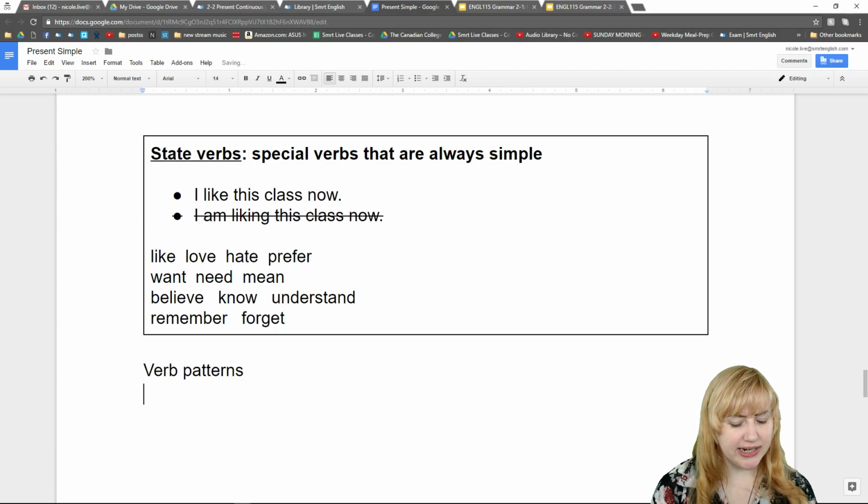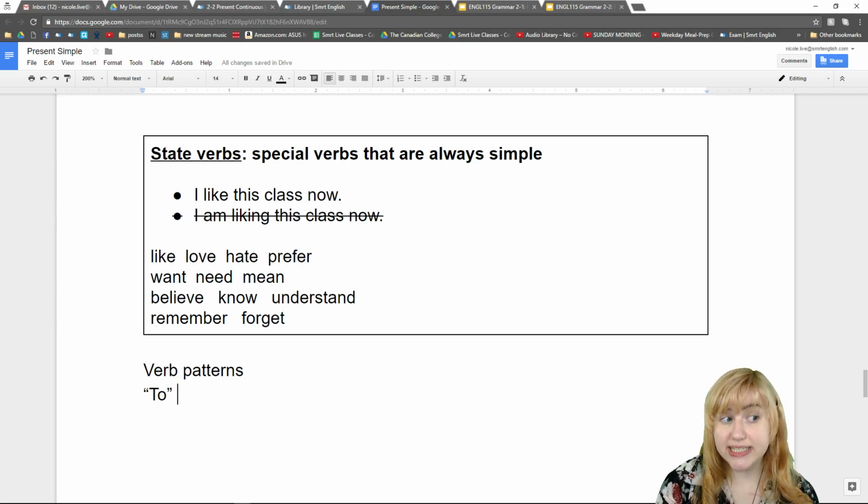And let me explain here that to is sometimes a preposition and sometimes part of the verb. They look the same, but they are not the same. I'll give you an example.